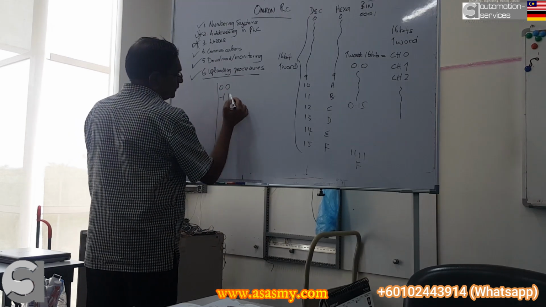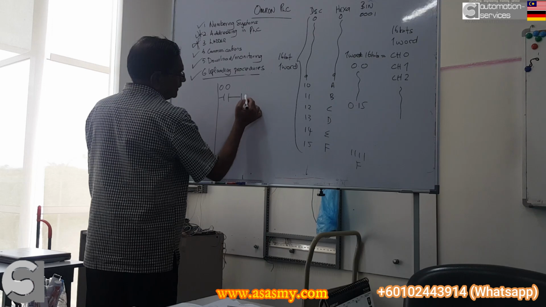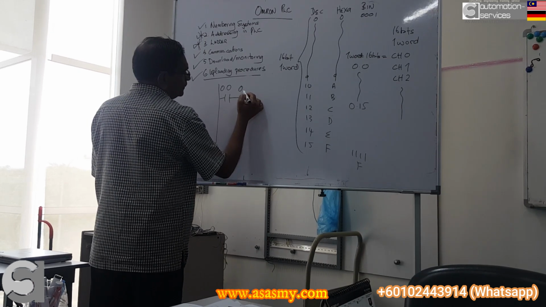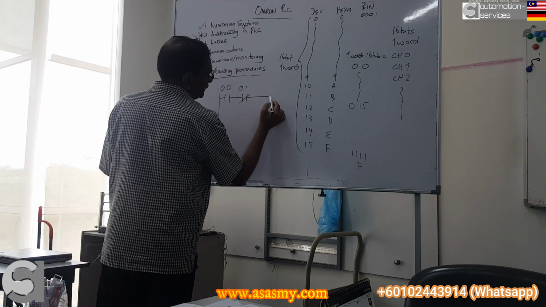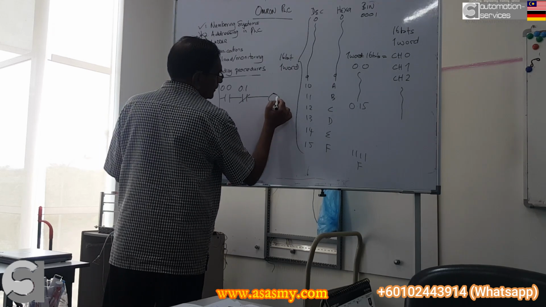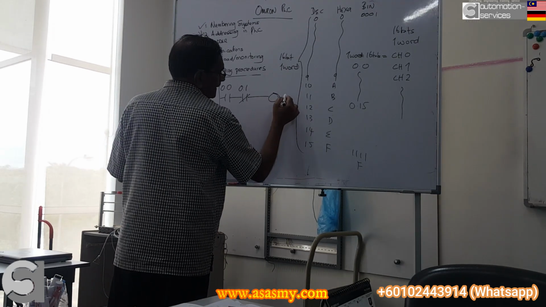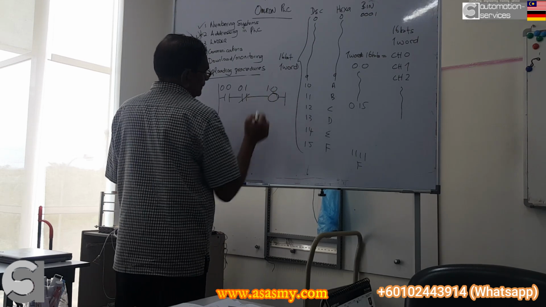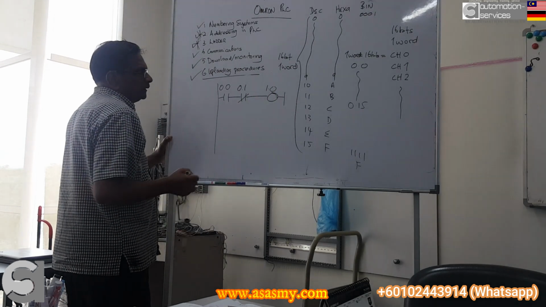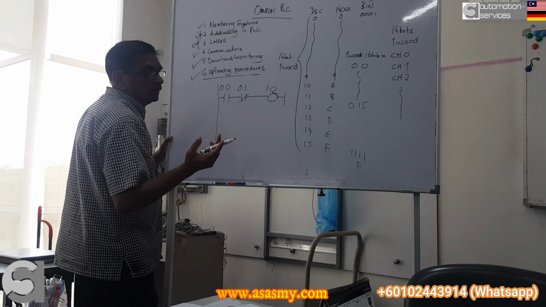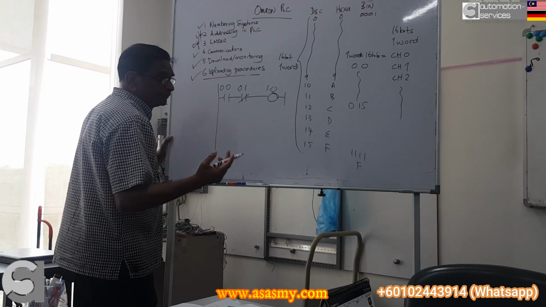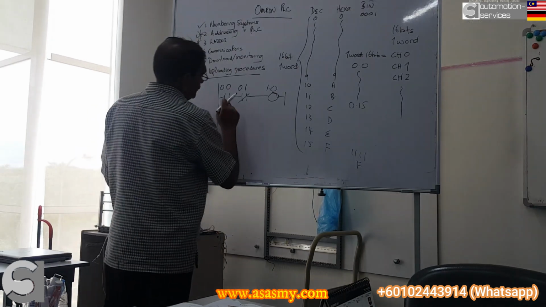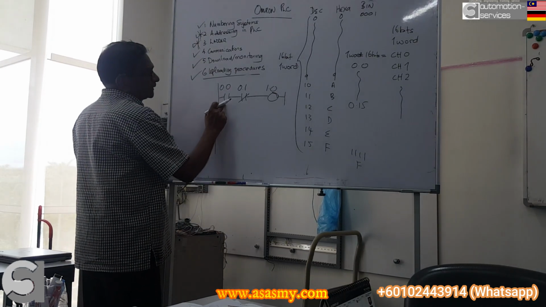That is channel 0, bit 0, which is normally open, and then we can have normally closed is channel 0, bit 1, and then you can have an output that is channel 1, bit 0. Now, this output we can use it for lighting a lamp or running a motor or a relay or something like that. Now, we assume this as a push button.